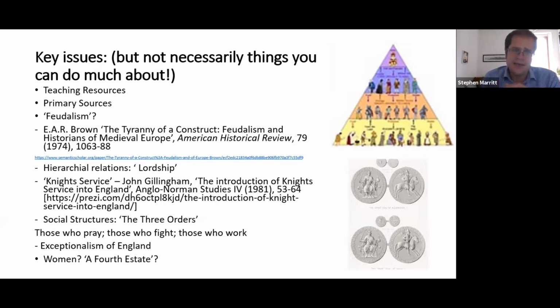The classic idea of feudalism, that everybody holds their land from the king and everybody holds that land for military service, is something which somehow has got into people's brains and is very difficult to get out of it. What most modern historians would use instead of the word feudalism, and if they ever use feudalism, as I've done correctly here, you put it in inverted commas, is we look at the word lordship.